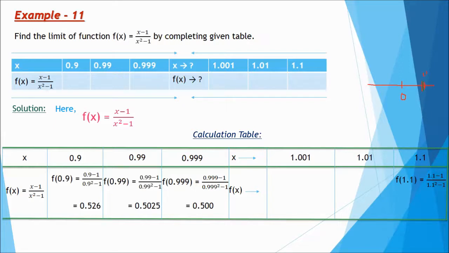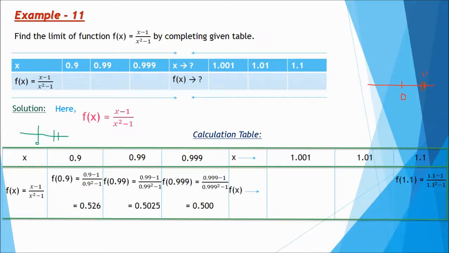We start from the distant value, and we come closer and closer towards our value from the right side, and from the left side also. See 1.9. We started from 1.9. On the number line, it's 0, and its value is 1, and 1.9.